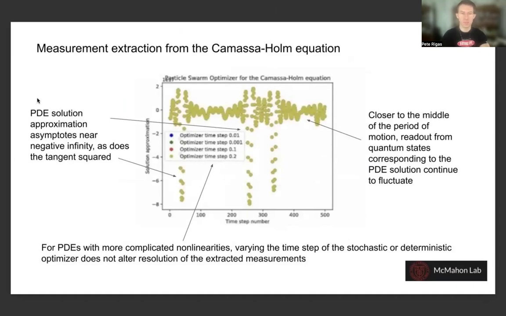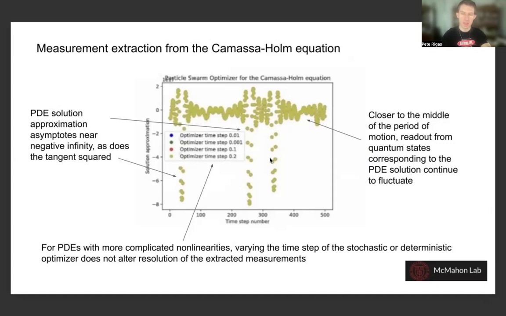However, we can see that the PDE solution approximation asymptotes near negative infinity, corresponding to some global minima of the profile that's being generated, and also, however, closer to the middle of the period of the motion, readout from the quantum states corresponding to the PDE solution continues to fluctuate.